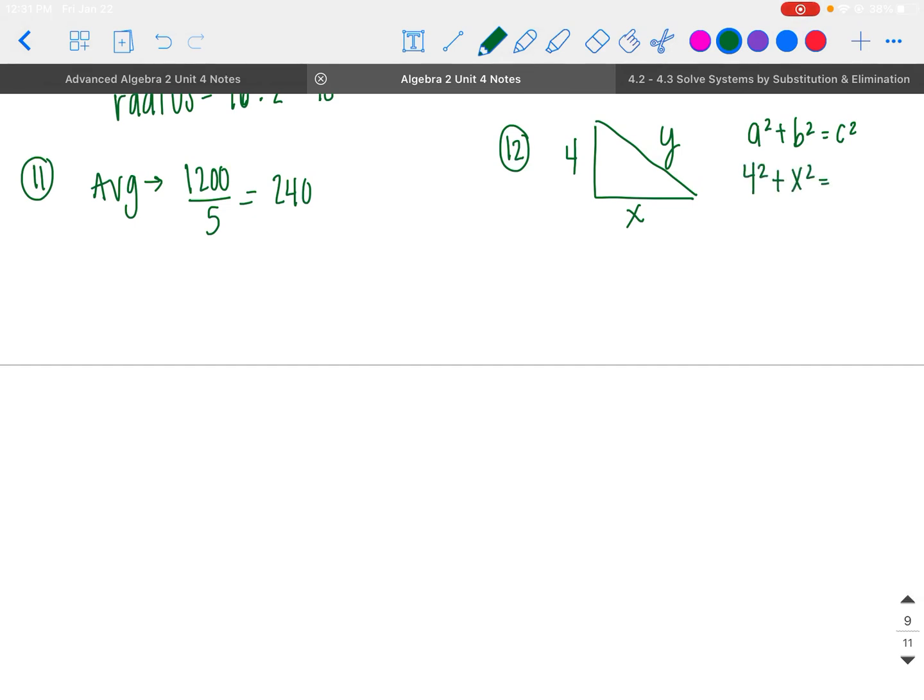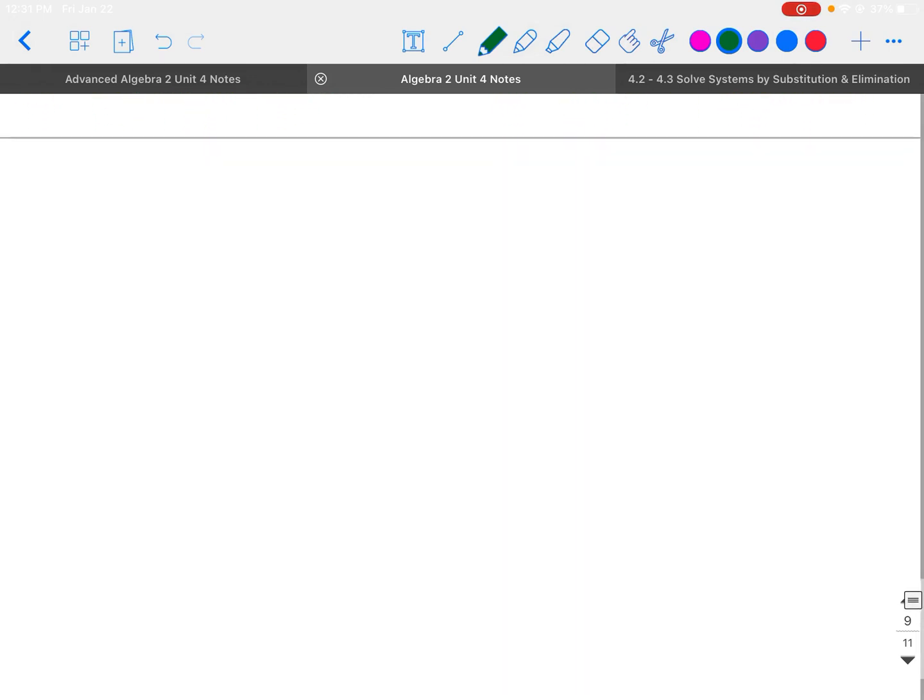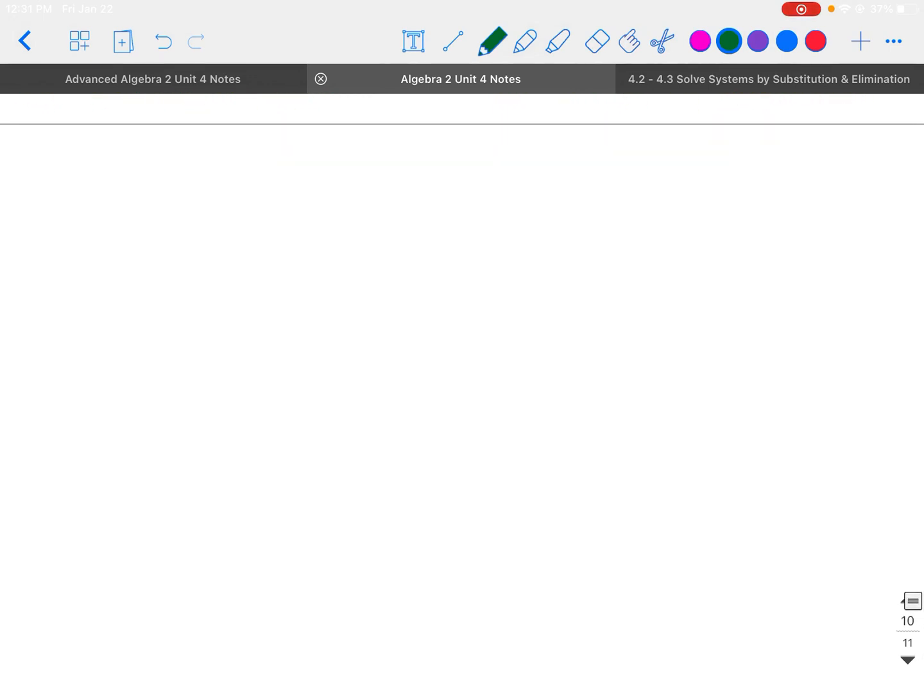So if we plug in, 4 squared plus x squared equals y squared. In order to get y by itself, we take the square root. So the square root of 16 plus x squared, or square root of x squared plus 16.